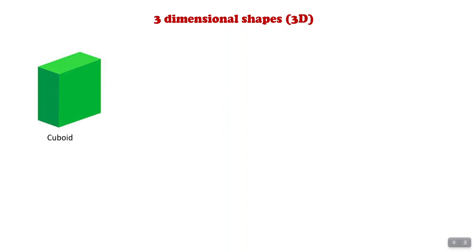So we have also the three-dimensional shapes, which we call 3D shapes. For example, the cuboid. Right? This is the box which has three pairs of parallel sides.